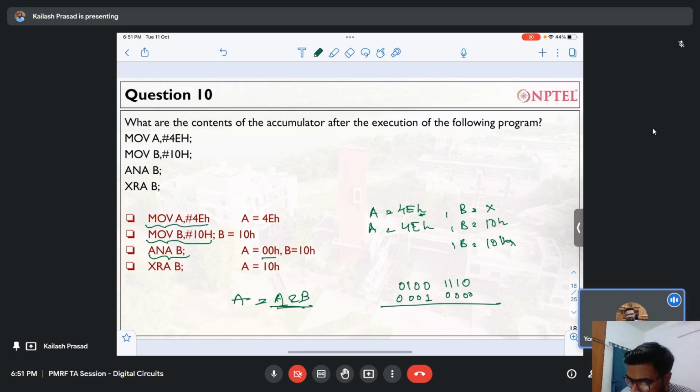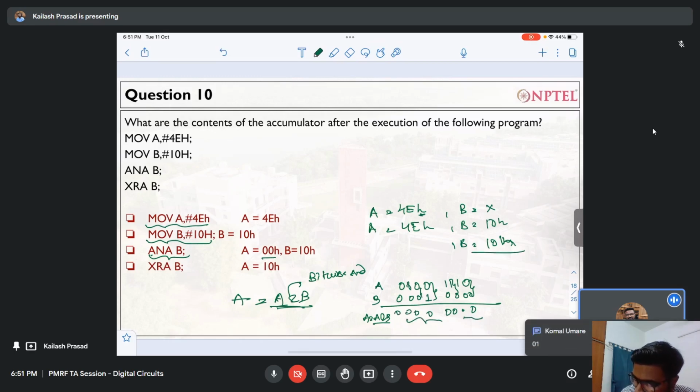This operation means bitwise AND, A equal to A AND B. Let us see what will happen. 0 and 0 is 0, 1 and 0 is 0, 1 and 0 is 0, 1 and 0 is 0, 0 and 1 is 0, 0 and 0 is 0, 0 and 1 is 0, and 0. So the answer is 0 0. After this step, the value of B remains the same. However, A is 00H.